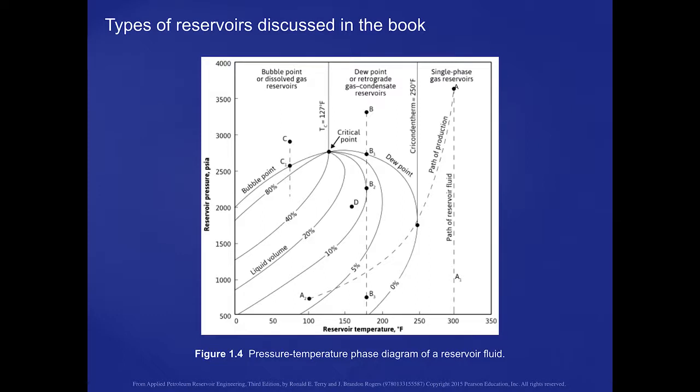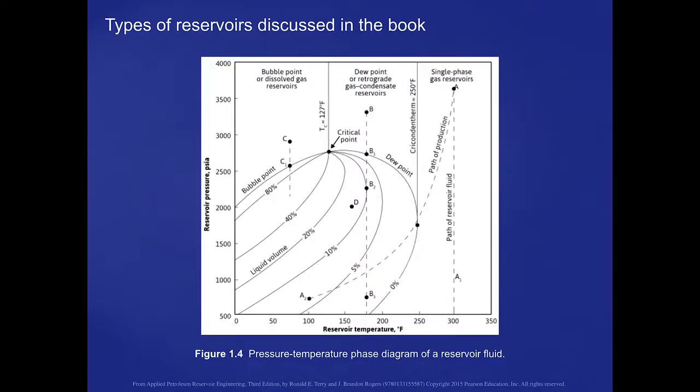And it's gas initially, and as we produce from that reservoir, you need to think now about what will happen to the temperature in the reservoir as we produce. The reservoir is surrounded and insulated really well, and so the temperature is going to stay constant during the production life of that reservoir.